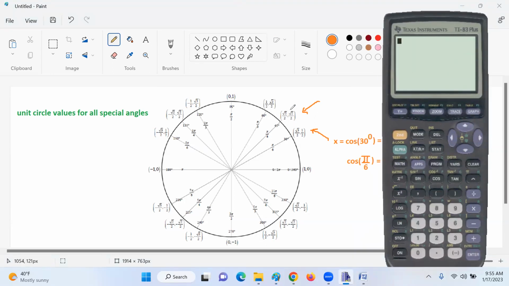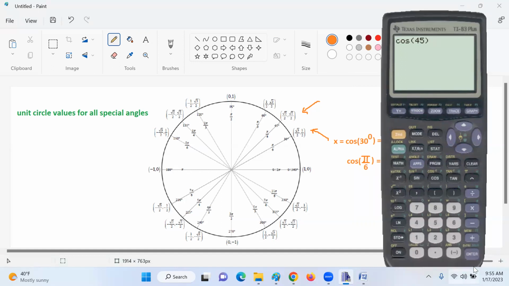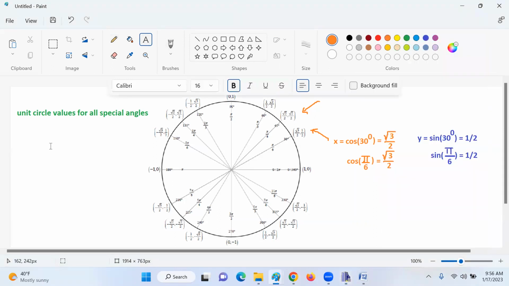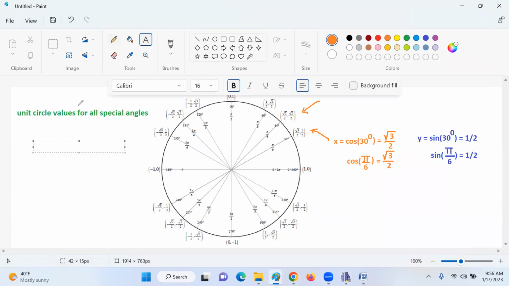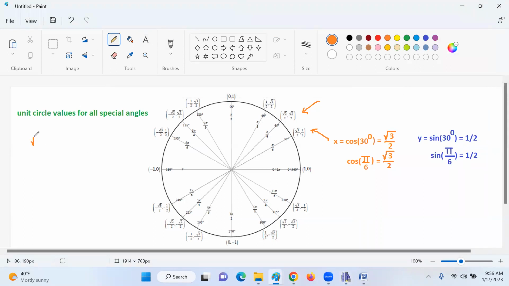The x index represents the cosine, so the cosine of 45 degrees equals 0.707. A lot of you might be thinking, what is the 0.707? Does that have something to do with radical 2 over 2? The answer is yes. Radical 2 over 2 is equal to 0.707, right?